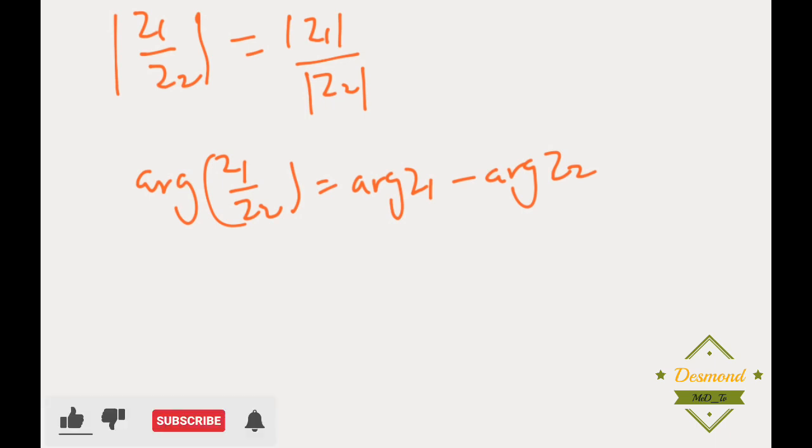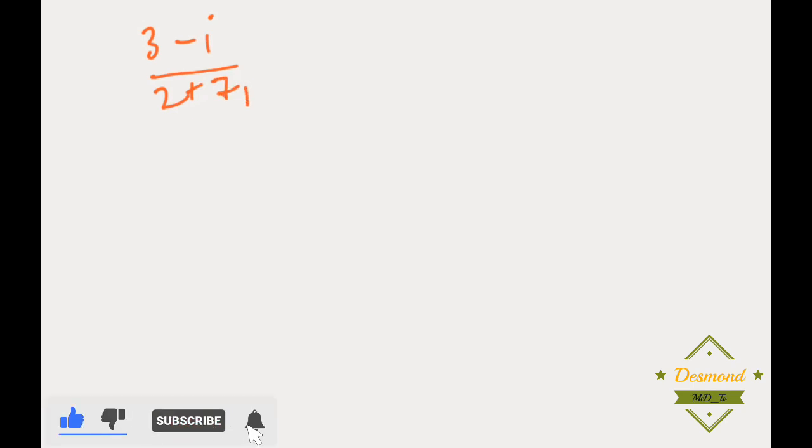Now let's take another example. We have (3 minus i) over (2 plus 7i). Let's write this in standard form.